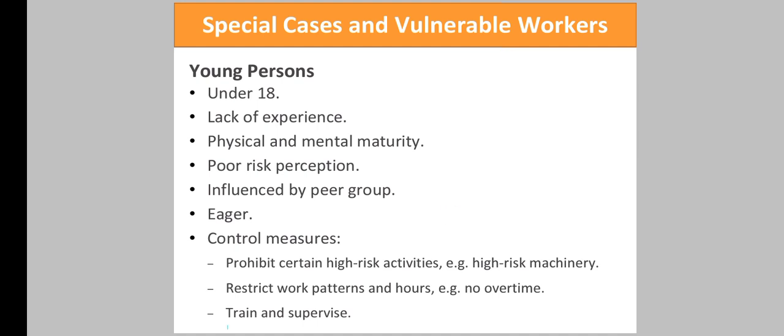Control measures for these young persons: prohibit certain high-risk activities, such as high-risk machinery, and restrict work patterns and hours, with no overtime and no night shifts. Train and supervise them.